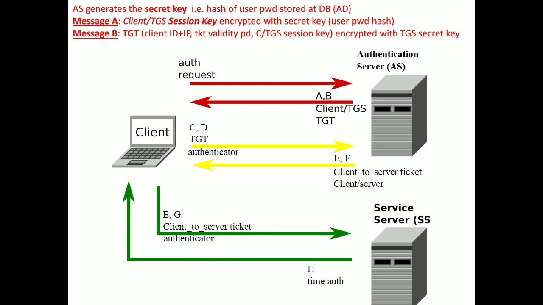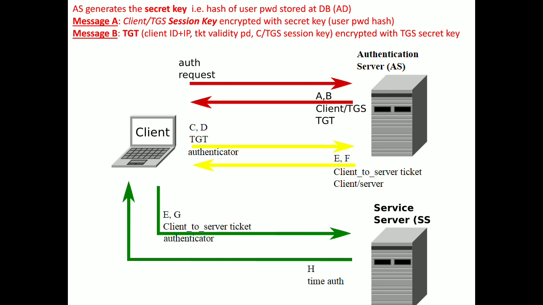And then the second message, that is message B, is the encrypted TGT, and this TGT or ticket granting ticket is encrypted with the secret key which is only known to the KDC or TGS. So it is not known to the client or the user.